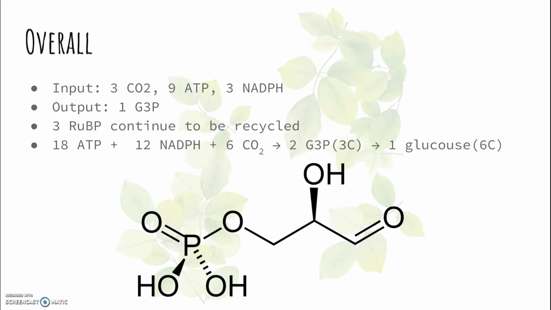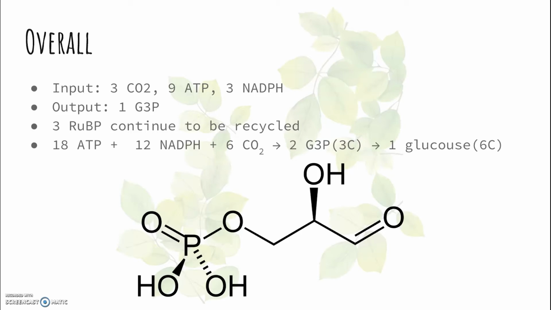The final equation to make 1 glucose is 18 ATP and 12 NADPHs with 6 CO2s, which will create two G3P outputs. Actually 12 are made, but 2 get taken out, which will create 1 glucose.